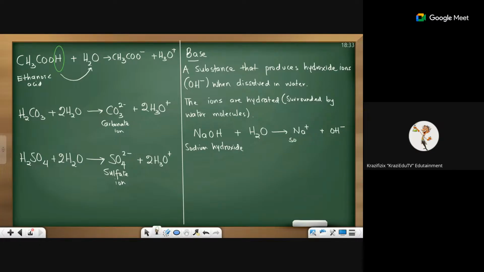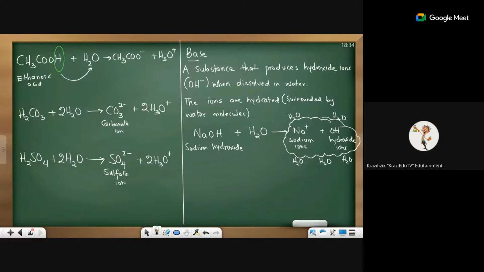So these are called sodium ions, while this is known as hydroxide ions. However, water molecules will be surrounding these things. These ions are hydrated. So the water only allows the NaOH to break down and then surround the entire ions.